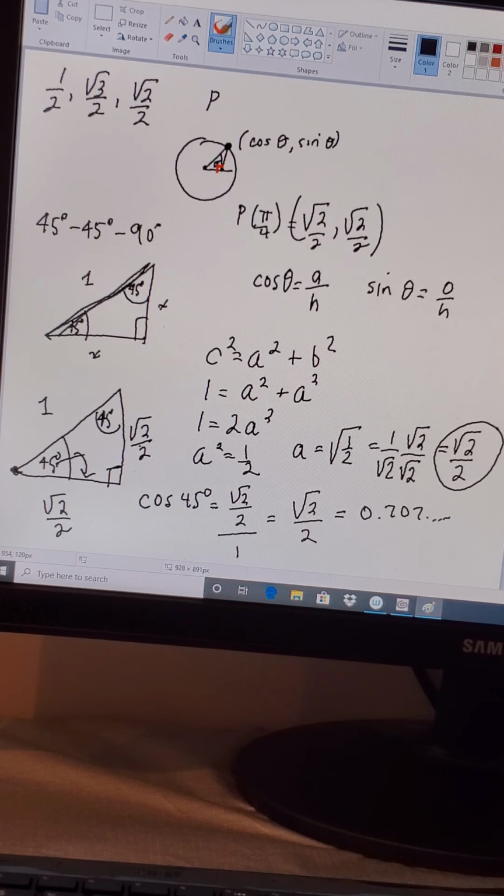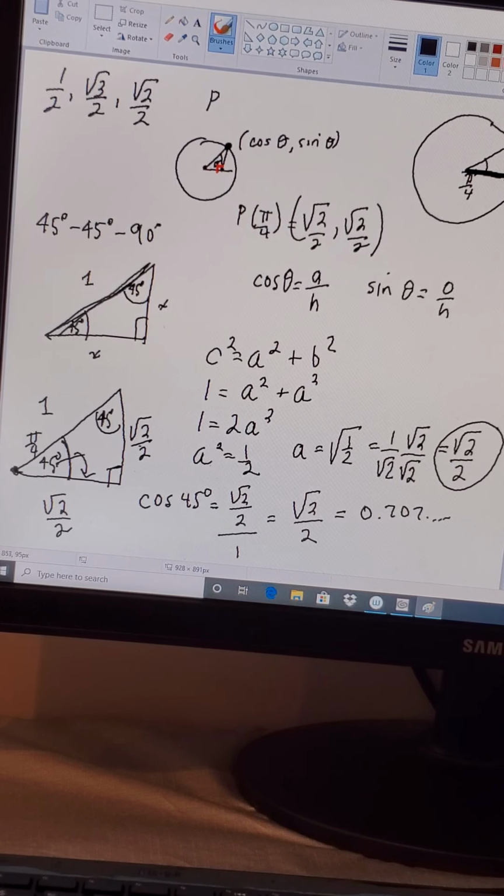So on the unit circle, 45 degrees is actually pi over 4. So let me see if I can, before starting another page, just go over that here. That's why, if we look at the unit circle, if we look at pi over 4, those coordinates are actually the lengths of a right triangle.